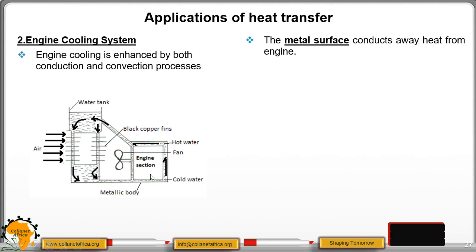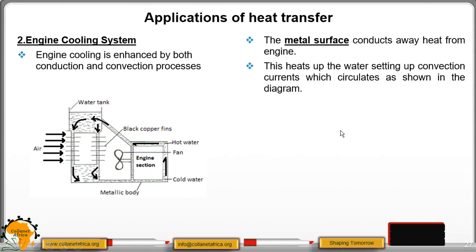And then from there, we have the water that is passing through this. So that heat that is conducted by the metal surface heats up the water. When the water is heated here, it becomes less dense, and as shown by this arrow, it rises. As you can see the flow, it rises up.